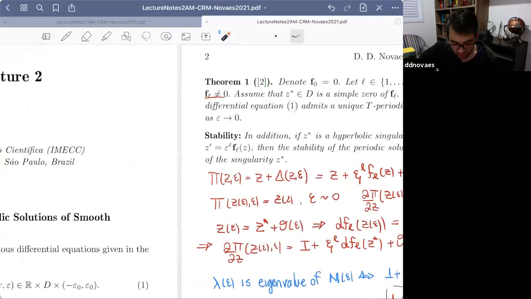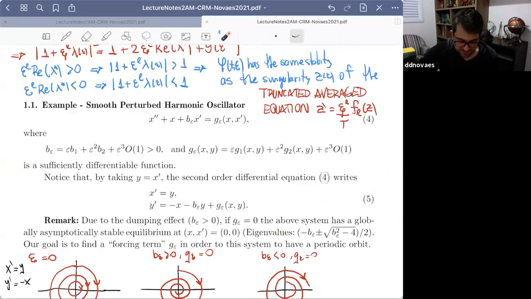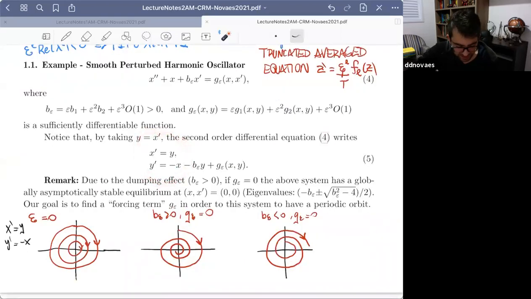In this case, let us apply a polar change of coordinates in order to identify a possible new time variable, which will be the angle of the orbits with respect to the x-axis.